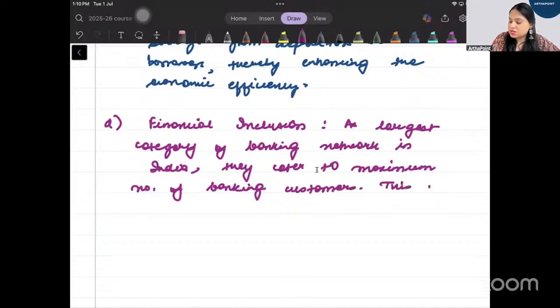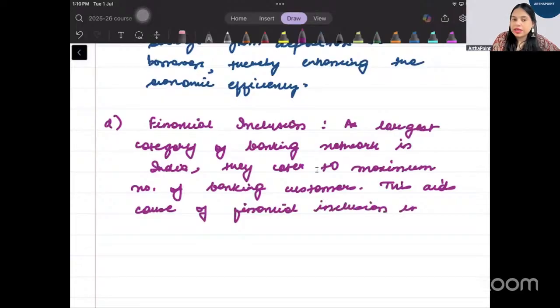This aids the cause of financial inclusion in India.